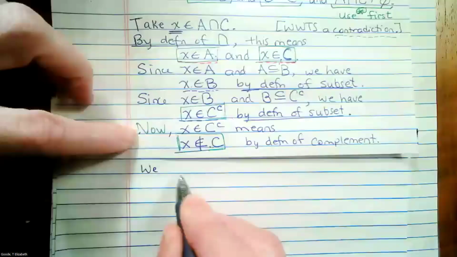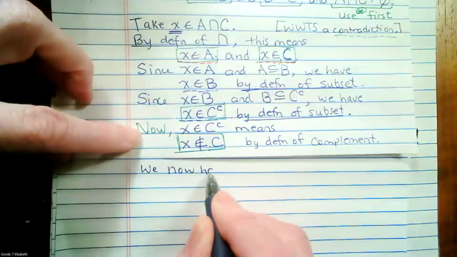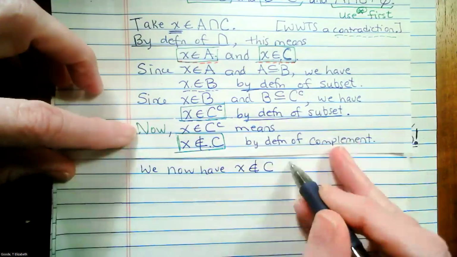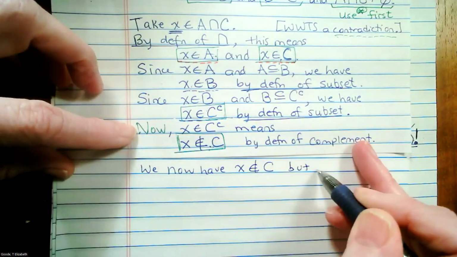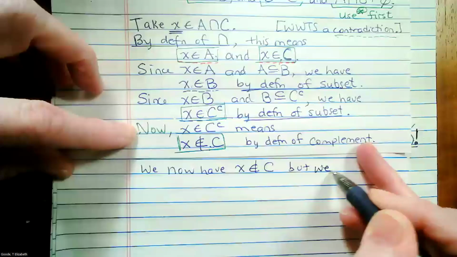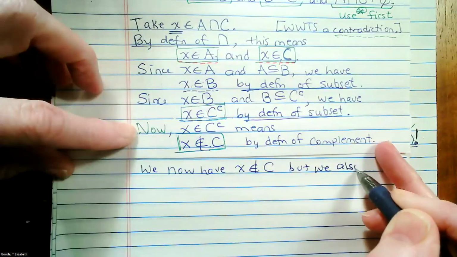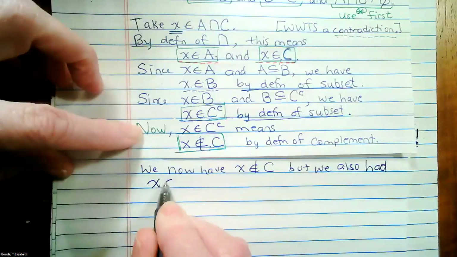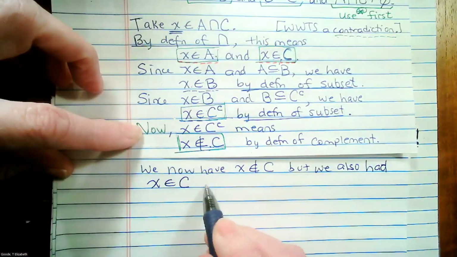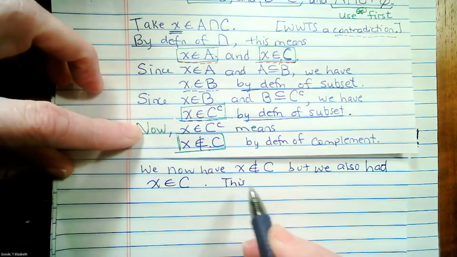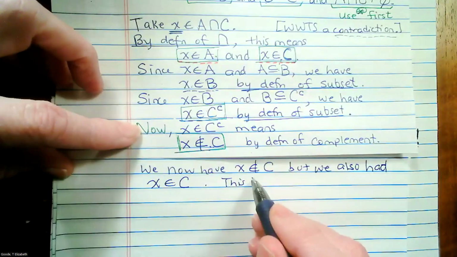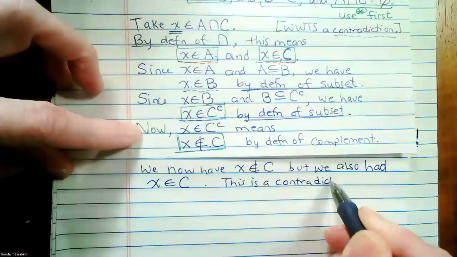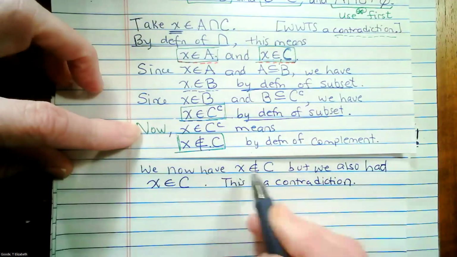We now have X is not an element of C, but we also have X is an element of C. This is a contradiction because we cannot have a statement and its negation both be true.